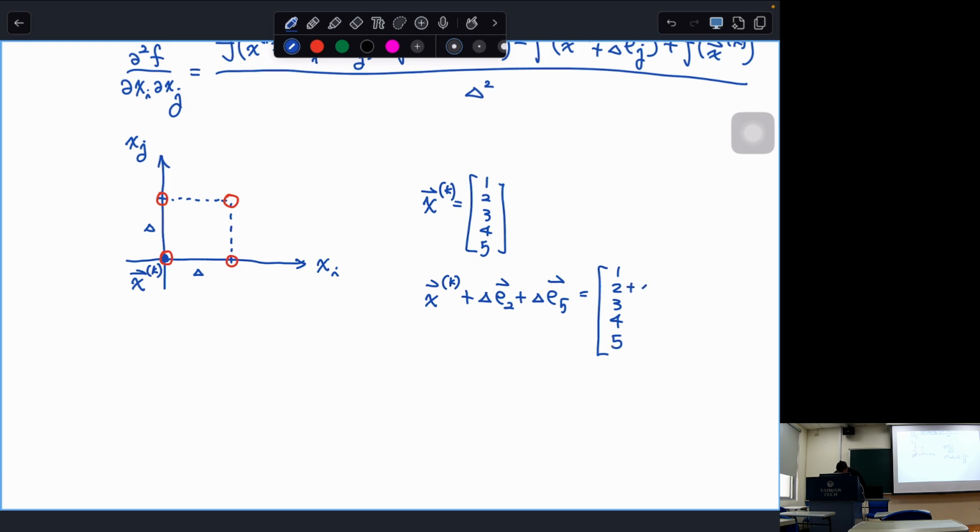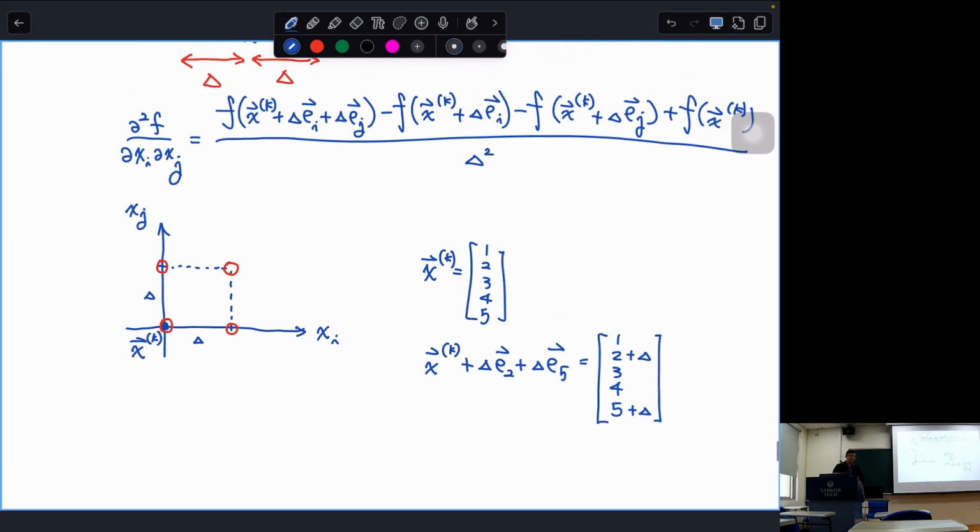You have a delta increment and a delta increment like here. Okay? So that's what's happening in computers. Okay, so after understanding, doing partial derivatives in computers could be time consuming.